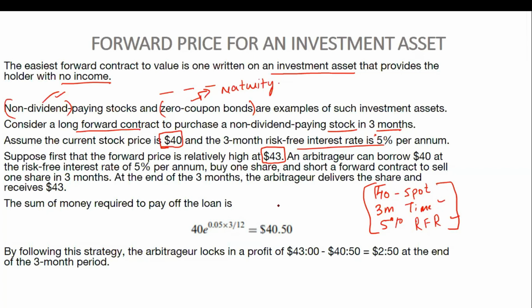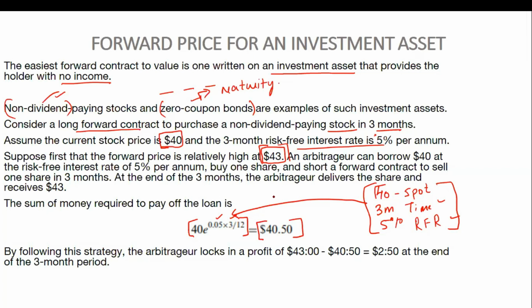You borrow $40 at 5% annual interest for 3 months. So you will end up paying $40.5 after 3 months. This 50 cents is the interest which you are paying. And at what price is the forward trading? 43. So that means there is an arbitrage opportunity.